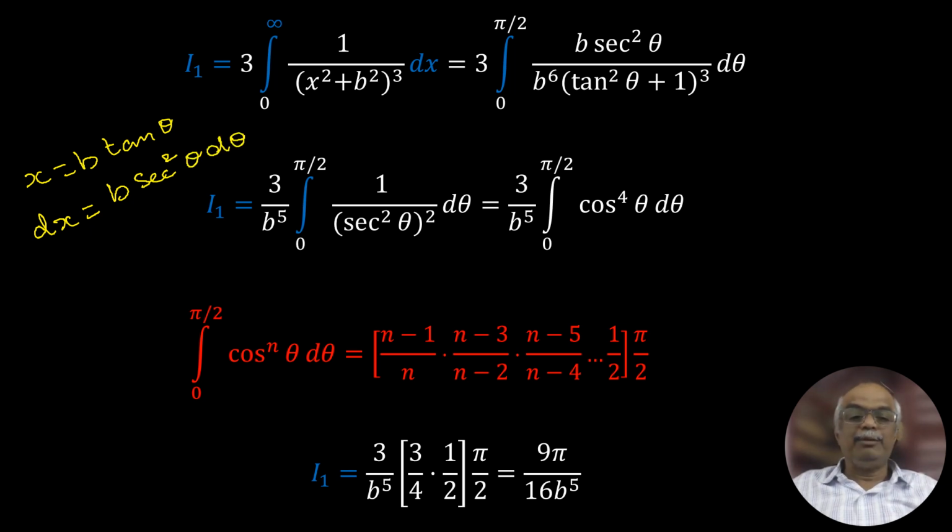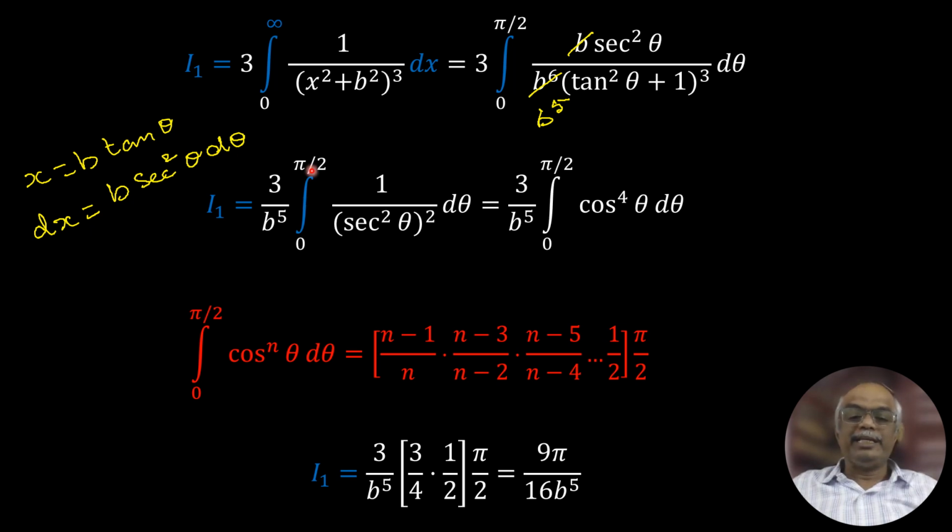So you replace dx by p secant squared theta d theta, and x squared will be p squared tan squared theta plus p squared. I am taking this p squared outside, so already there is a whole power 3. So p squared becomes p power 6 (tan squared theta plus 1) whole power 3. So now this p and p power 6 will get cancelled, and it will become p power 5.